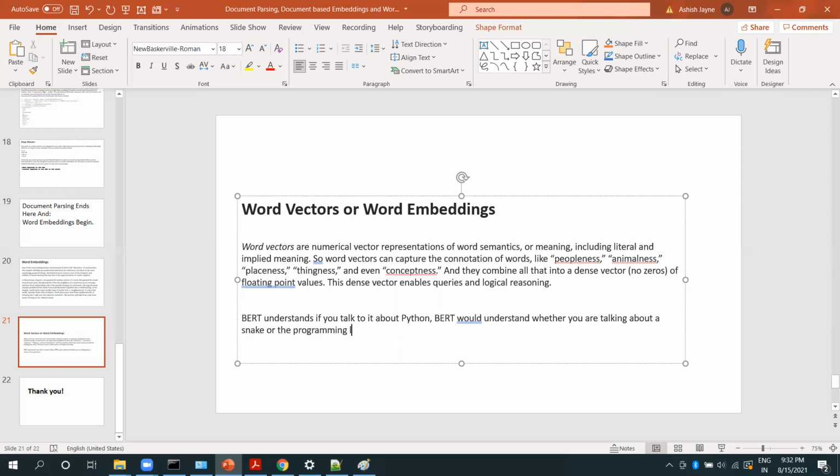So the concept is also captured by global word embeddings.